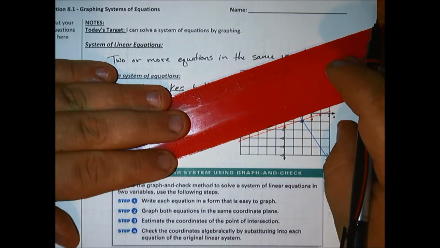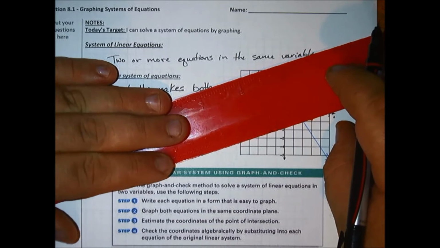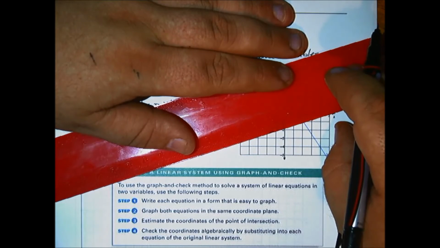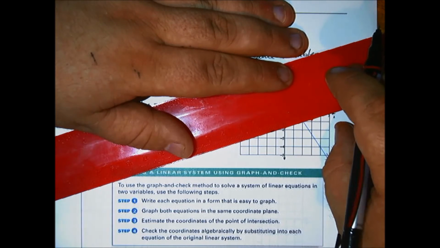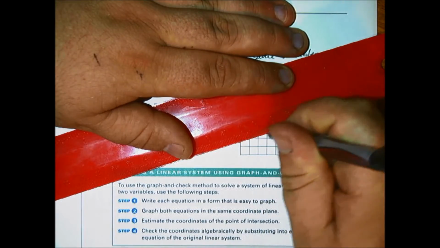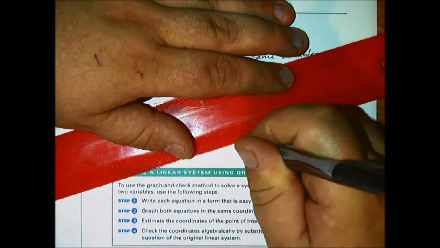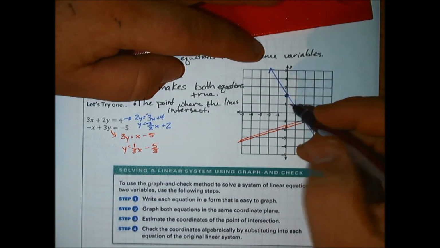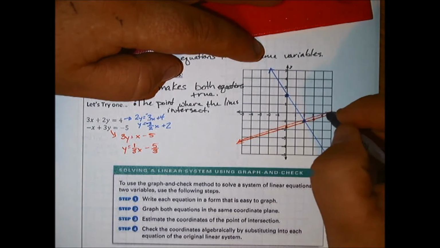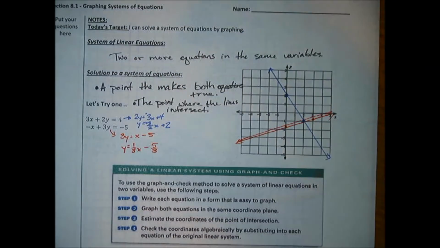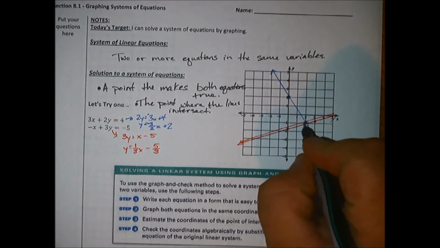Whoa, that was really bad. I missed that line everywhere. Let's try that one just one more time. But again, this is kind of a guess because of the fact that we didn't get whole number answers here, or integer answers. We kind of got stuck with fractions. But I'm going to go ahead and take a stab and say that these two lines meet right at this point.